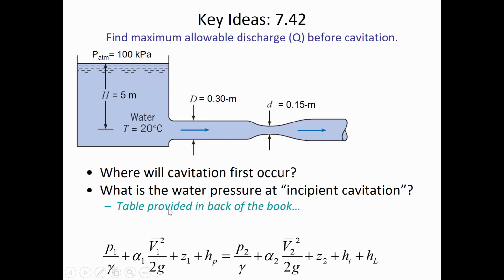So you go to the back of the book, look up the vapor pressure for 20 degrees Celsius water, and set the pressure at that location equal to the vapor pressure, and then solve for what flow rate, therefore which velocity, is going to give you that pressure at the throat. So these key ideas are in your notes, and they're in the printed notes.